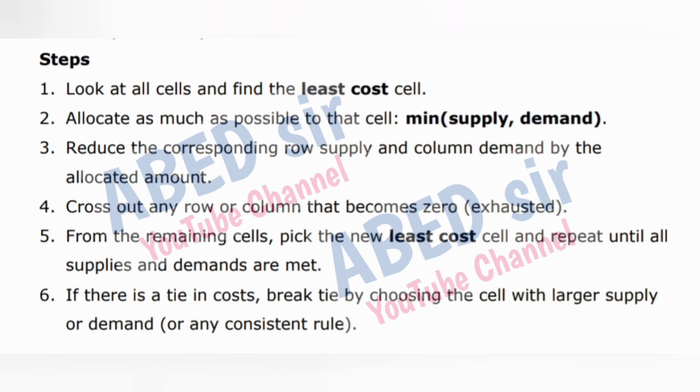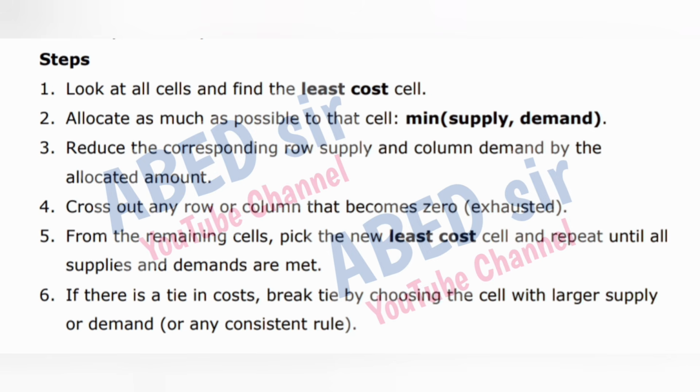Steps. 1. Look at all cells and find the least cost cell. 2. Allocate as much as possible to that cell, the min of supply and demand. 3. Reduce the corresponding row supply and column demand by the allocated amount. 4. Cross out any row or column that becomes 0, exhausted. 5.